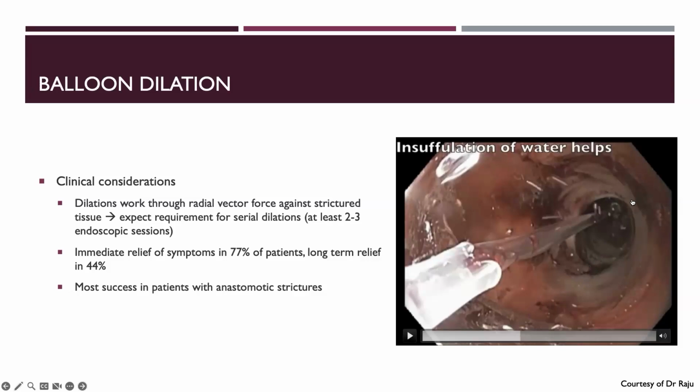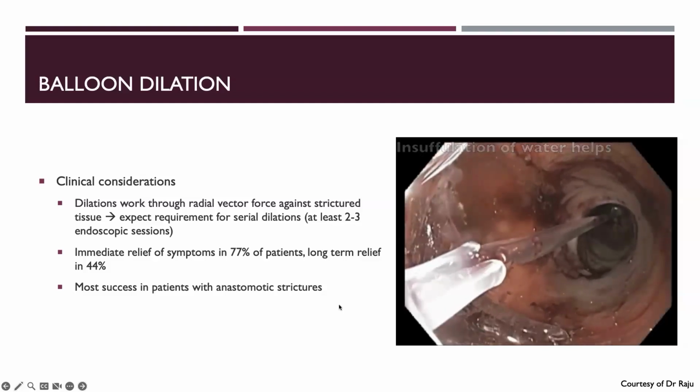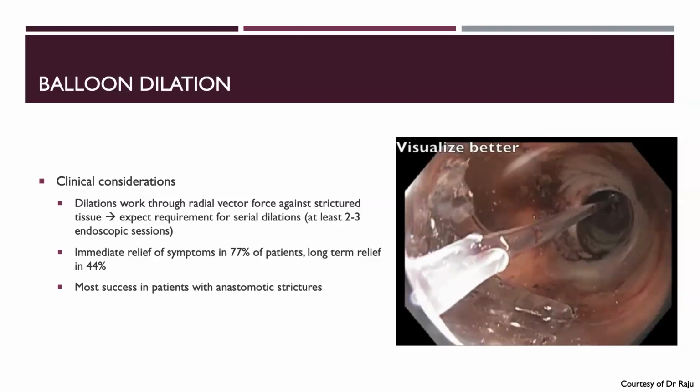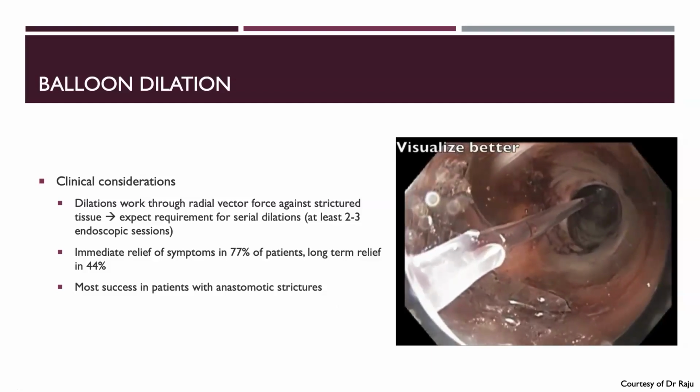Or if I see that this white is coming up and up, then I'm going to get concerned: am I perforating? Am I causing separation of the walls with my dilation? I want to stop. Because what I want to see when I'm observing the dilation are short cuts along the stricture. What you see here is you're using water, so you're blinking, as we say, with the scope to better visualize the dilation.